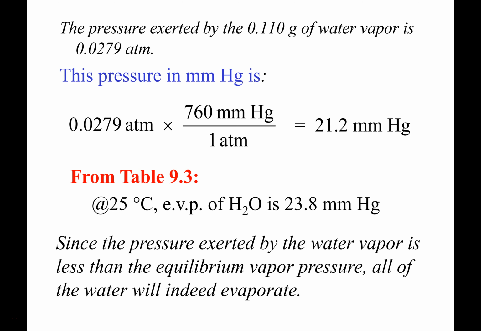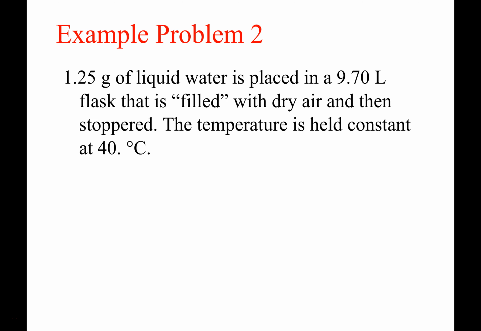Okay, so let's change this up a little bit. We'll still use an Erlenmeyer flask. See what we need to change though. The water, we're jacking it up a little bit: 1.25 grams. This is an entirely different problem, but it's similar in that we had dry air and we're going to let it evaporate.